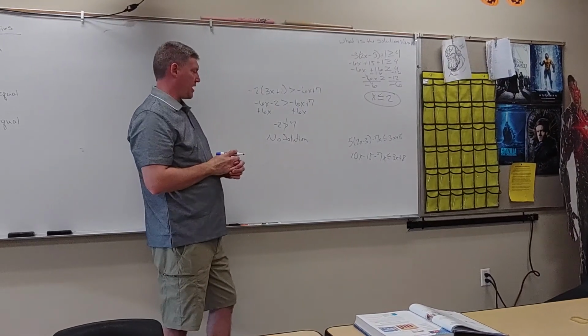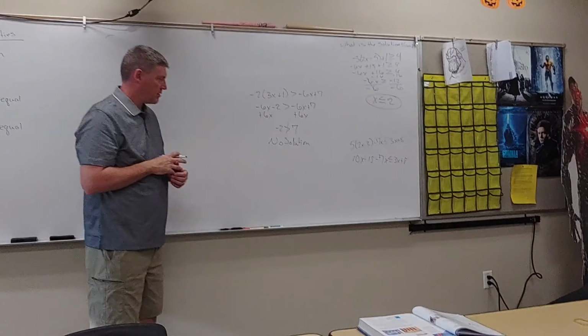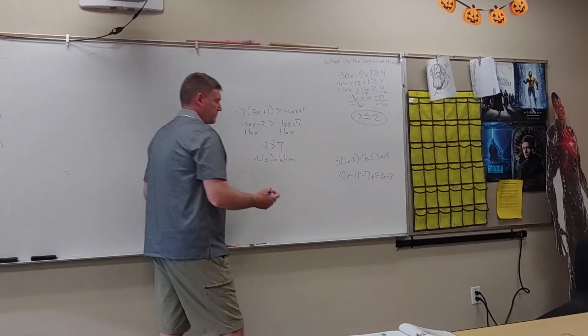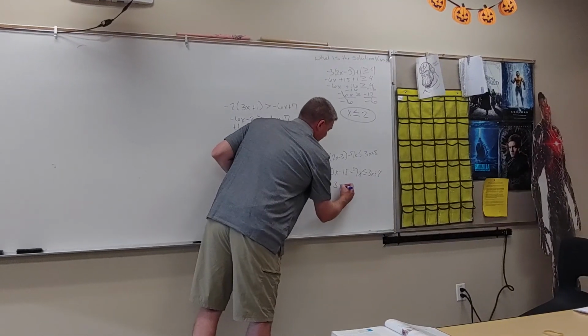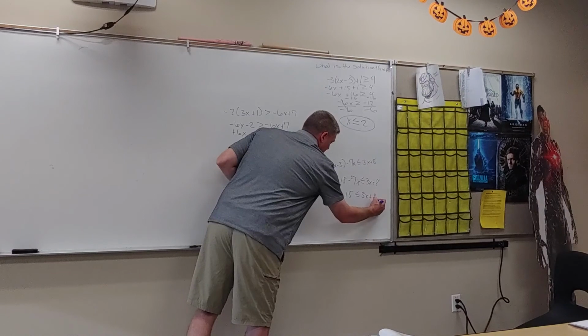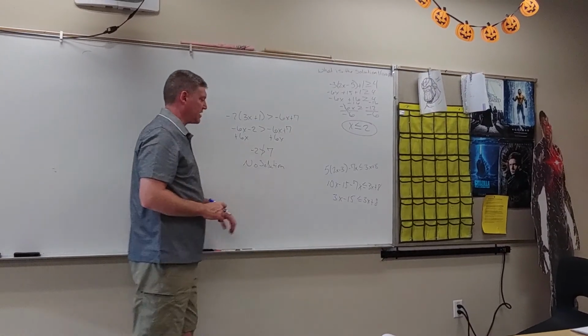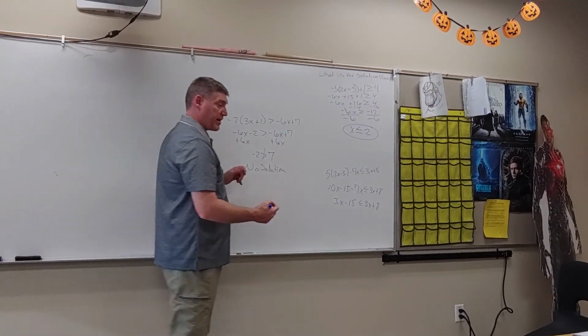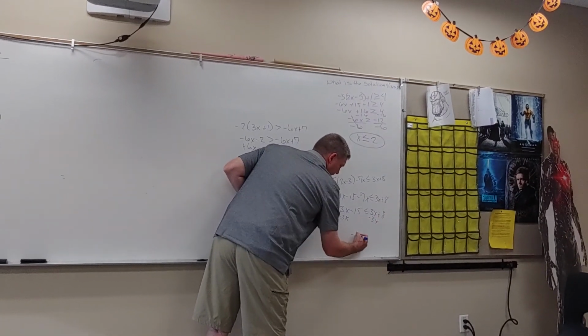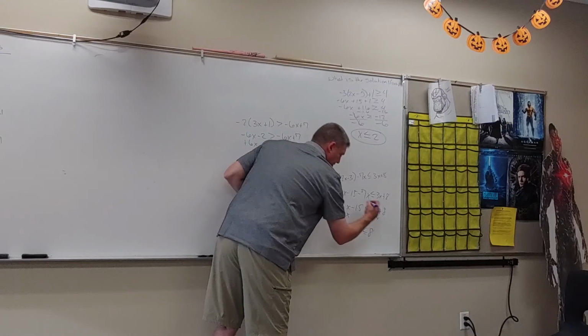So I'm going to go ahead and simplify here. So I have 3x minus 15 is less than or equal to 3x plus 8. So I combine my 10x minus 7x. I notice that there's a 3x on both sides, so I'm just going to subtract that out. And I get negative 15 is less than or equal to 8.